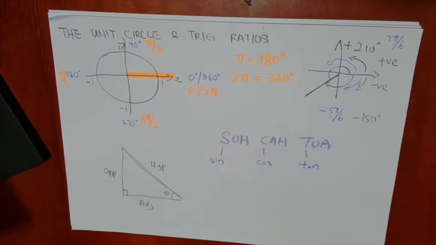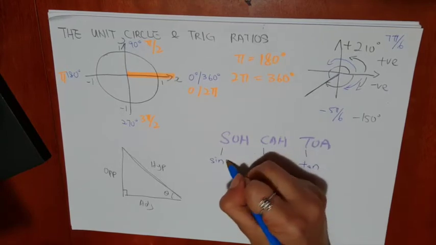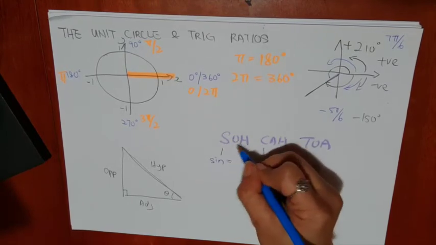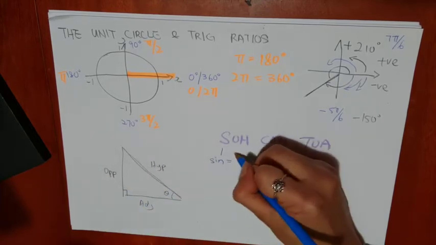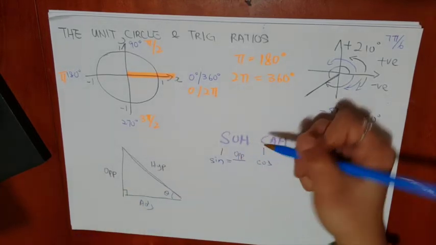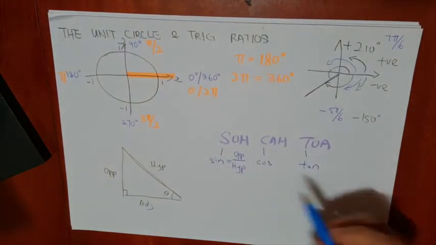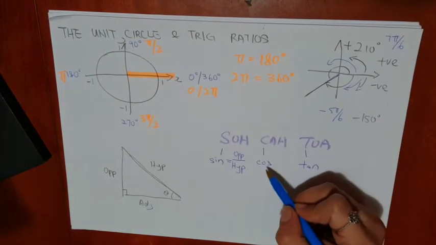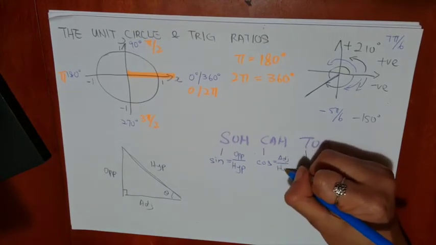So how does this fit into the magic word? Sine is equivalent to OH. So the one that comes before this, which is the O, needs to be the opposite, which is on top. And the H is the hypotenuse, which is at the bottom. For cos, because cos is AH, cos is equivalent to adjacent over hypotenuse.